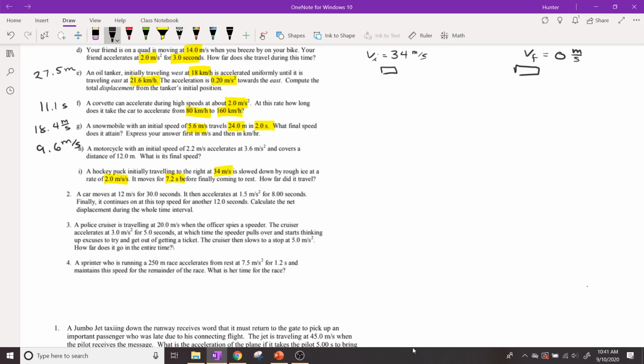Well, we've got the numbers here. This is time. This is acceleration. This is Vi. So we have Vi, Vf, a, and t, and we want to find out how far it traveled. So which one?